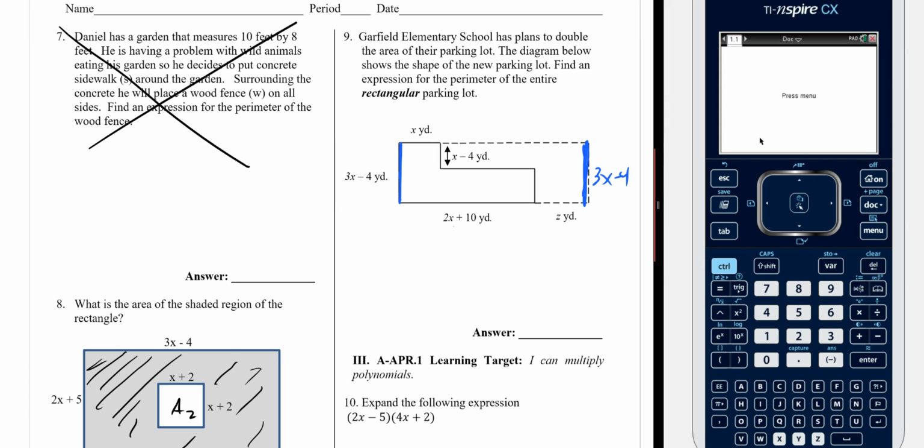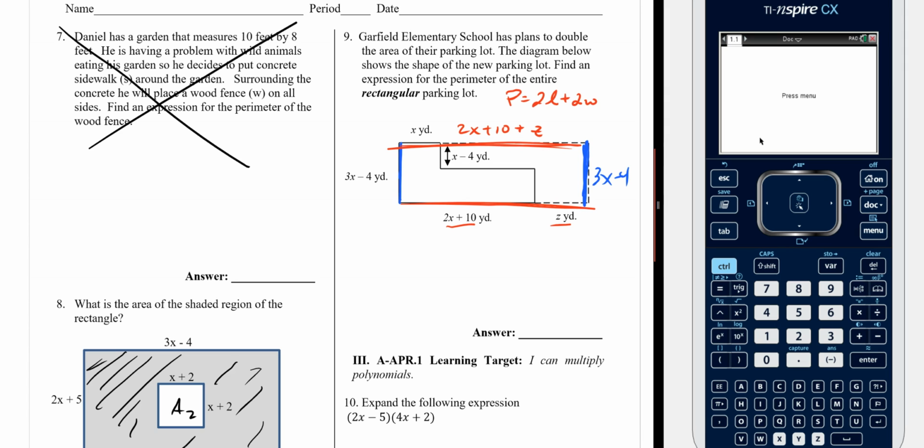And then we have the top, and we have the bottom. Now the bottom is 2x plus 10 plus a z, so that means the top has to be a 2x plus 10 plus z.